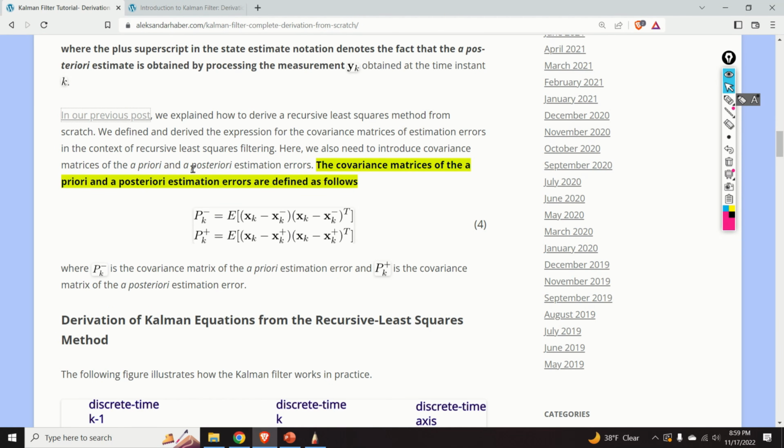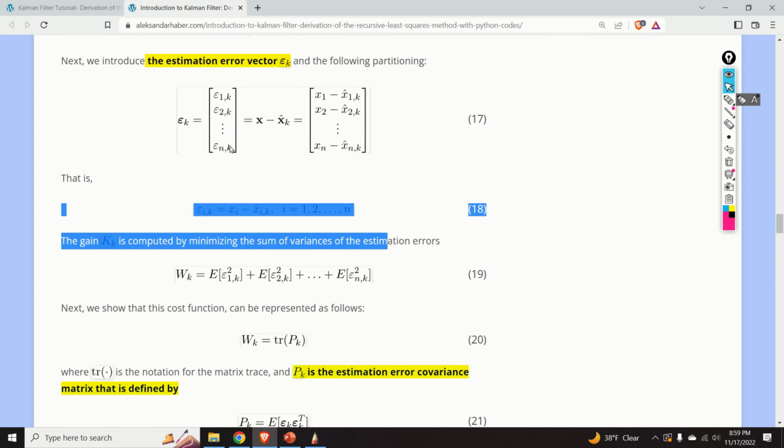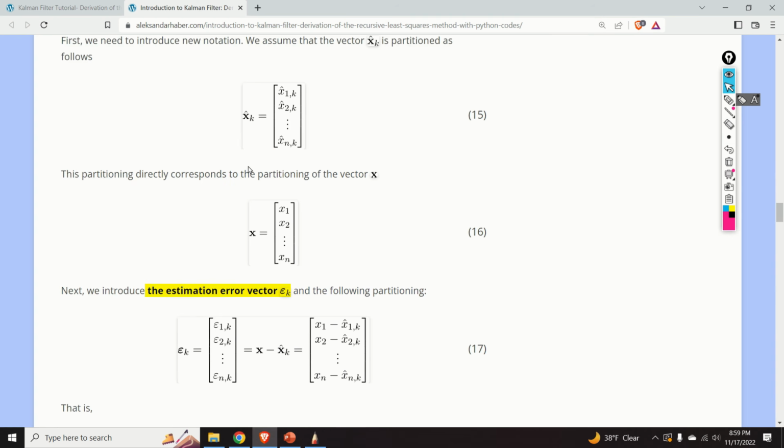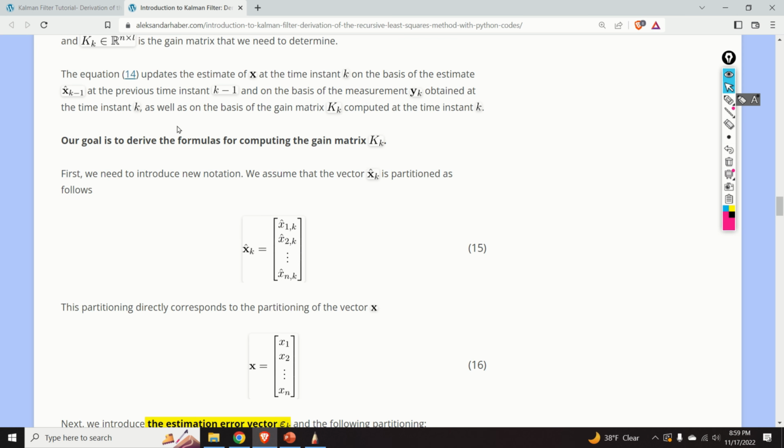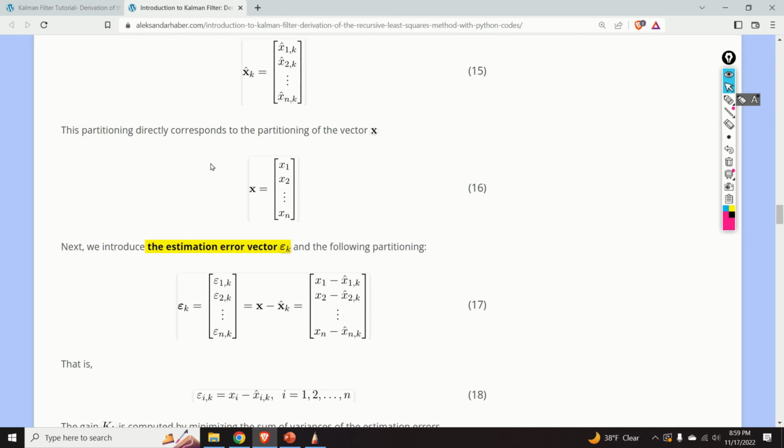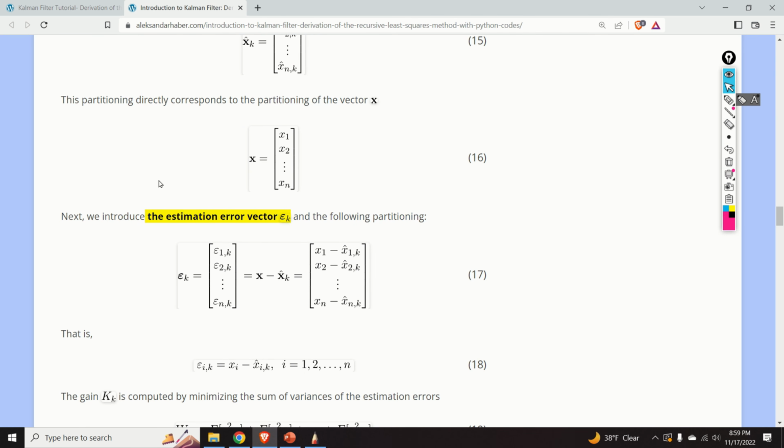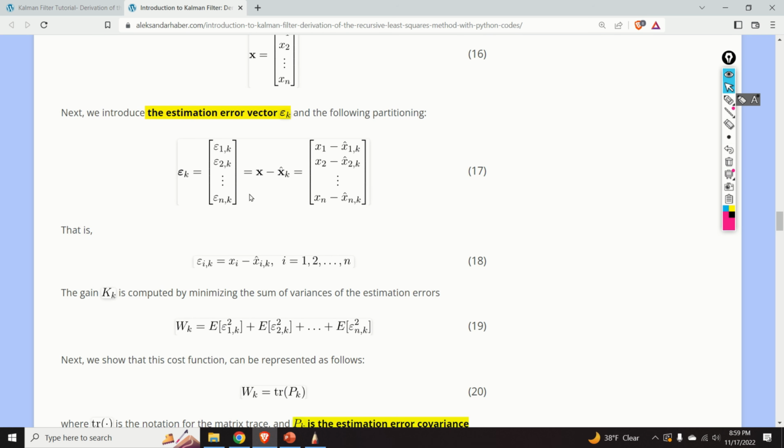In my previous tutorial and in the accompanying YouTube video, I explained how to derive a recursive least squares method from scratch. You can find this tutorial by clicking over here. If you click over here, you'll see this page, and it contains a very important part related to the estimation error and covariance matrices. Basically, the estimation errors are defined by equation 17.